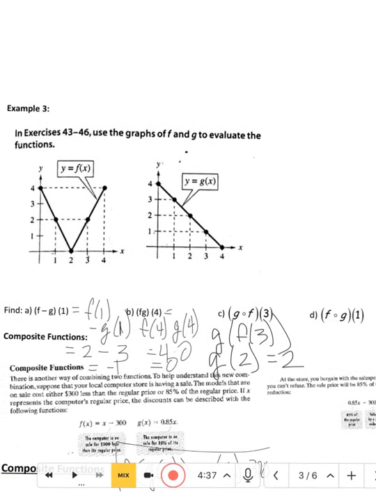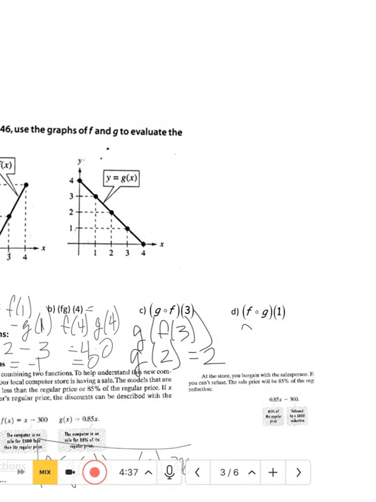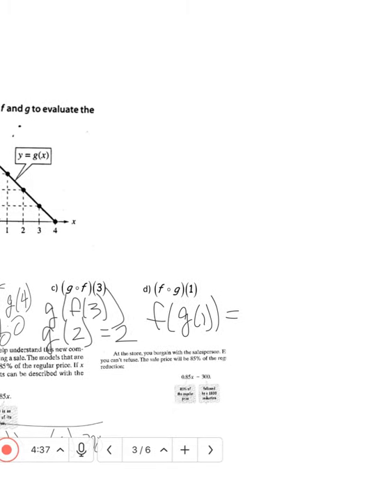F followed by g of 1. That means f of g of 1, which means we are going to insert 1 into g. So we take 1, insert in g, and we get out 3. And so that will now look like this, f of 3, because g of 1 is now 3, and now 3 is the input of f.